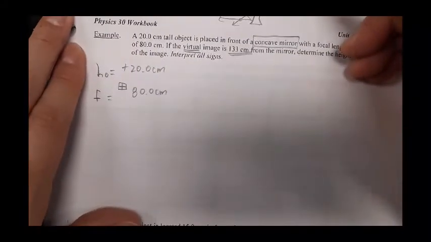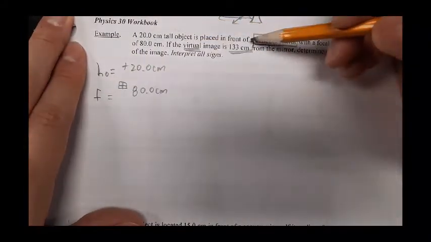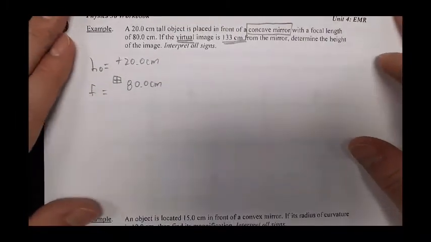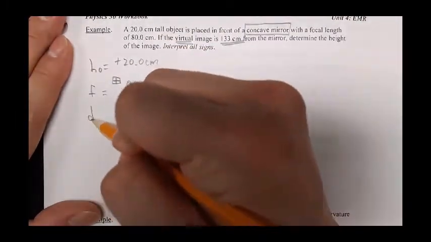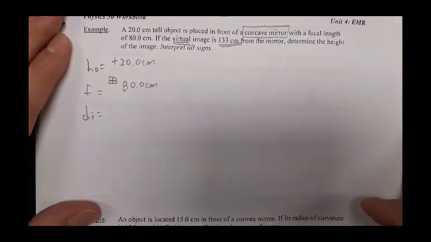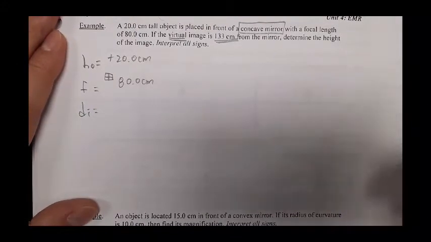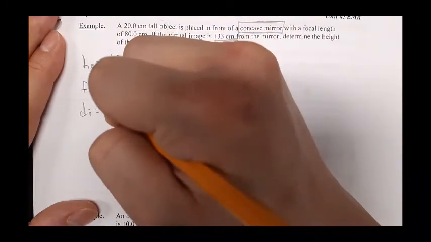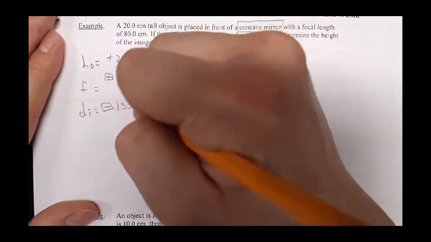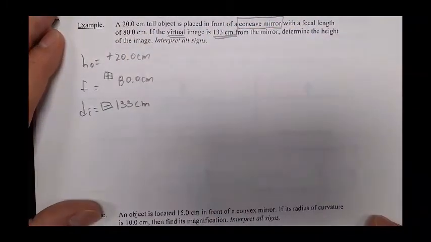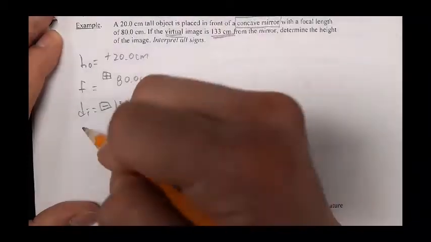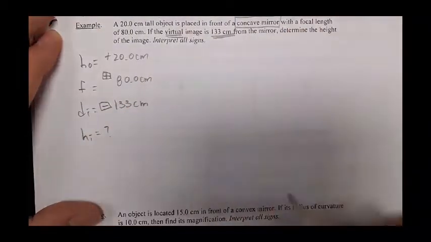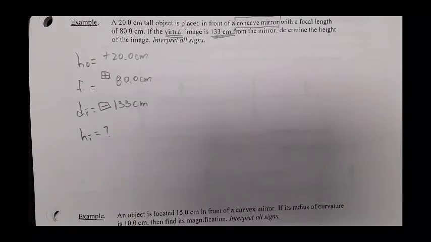You may notice that the image is 133 centimeter from the mirror, but because it's virtual, that means it's on the opposite side from where a real image would show up. So that's why we need a negative sign for that situation, negative 133 centimeter from the mirror. Determine the height of the image is basically what we have.